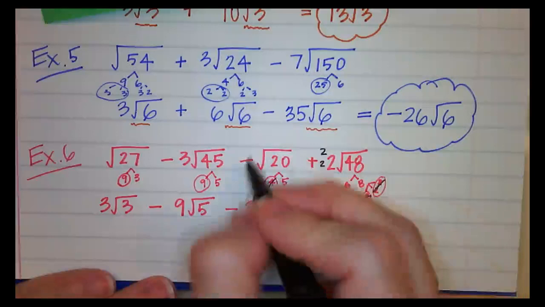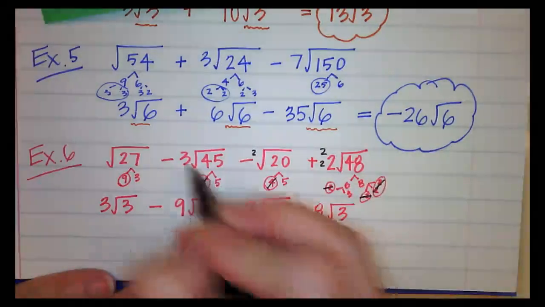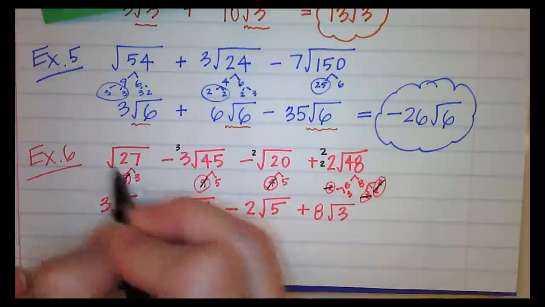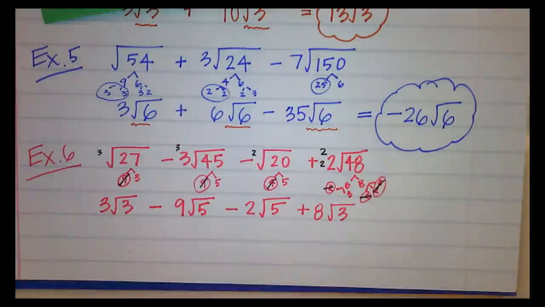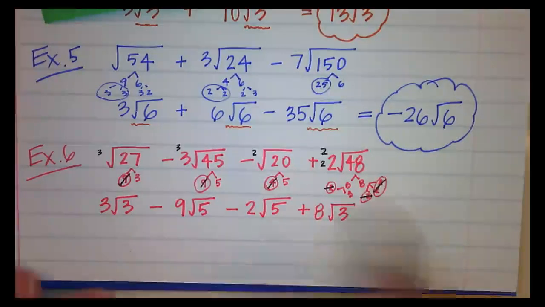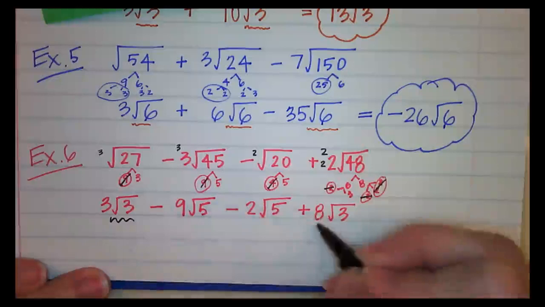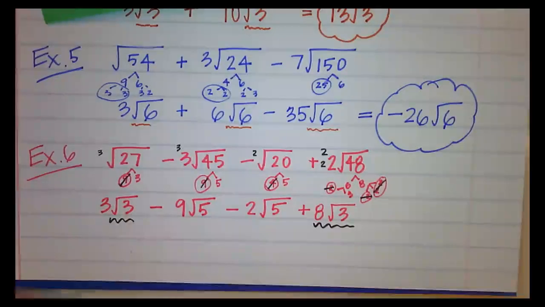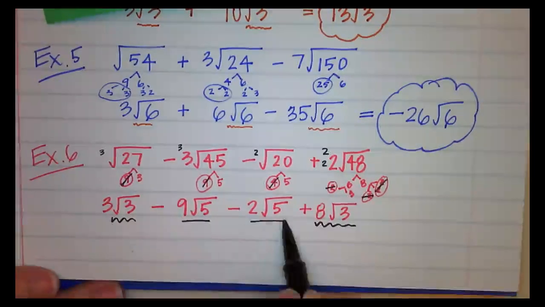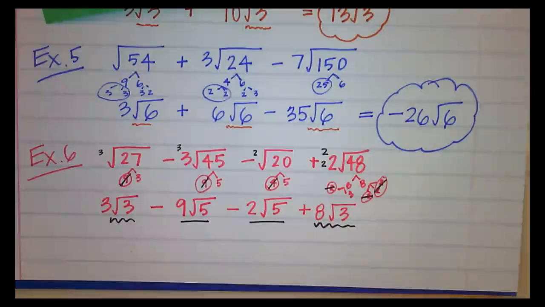So this one came out as a 2, that one came out as a 3, and that one came out as a 3. All right, so now I'm going to look and see if I have any common radicals, and I do. So these 2 are the same, and those 2 are the same.